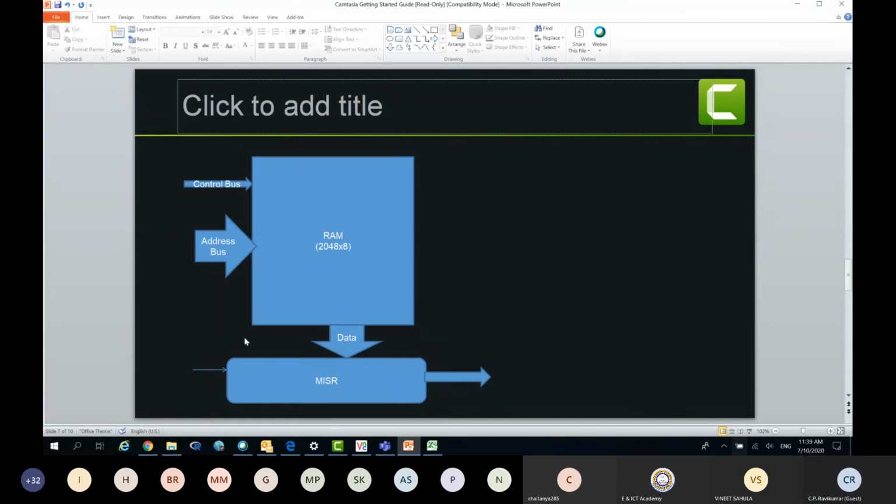But in the MISR, it is okay. You can reset to some known state. It doesn't have to be all zeros, but all zeros is the easiest thing to do. And then there'll be a counter somewhere, which counts the number of random signals you will produce.